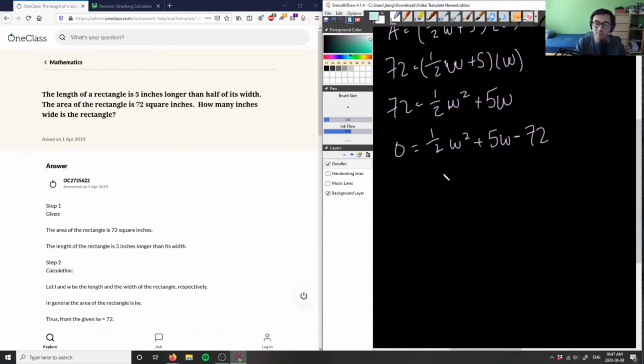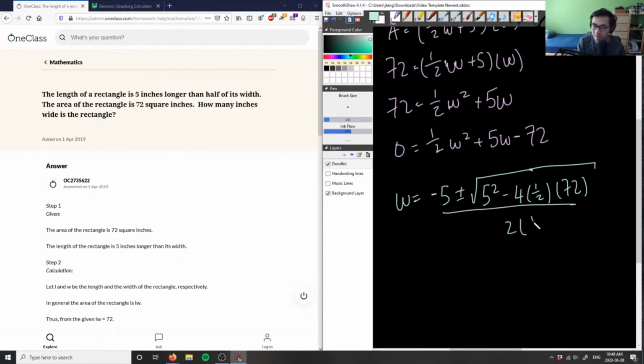So I'll do some blue and kind of greenish. W is going to equal negative b, so negative 5, plus or minus the square root of b squared, which is 5 squared, minus 4ac, so 4 times half times c, all over 2a, 2 times half.